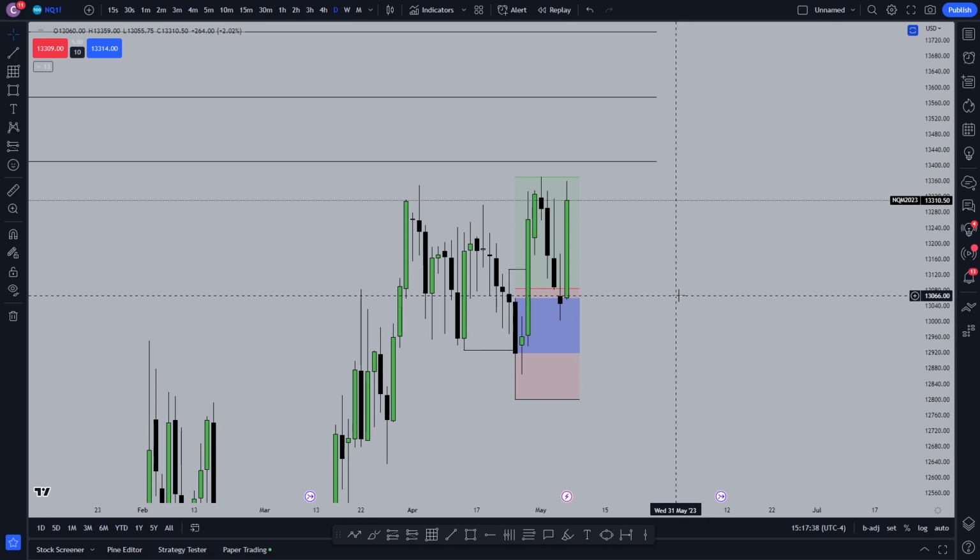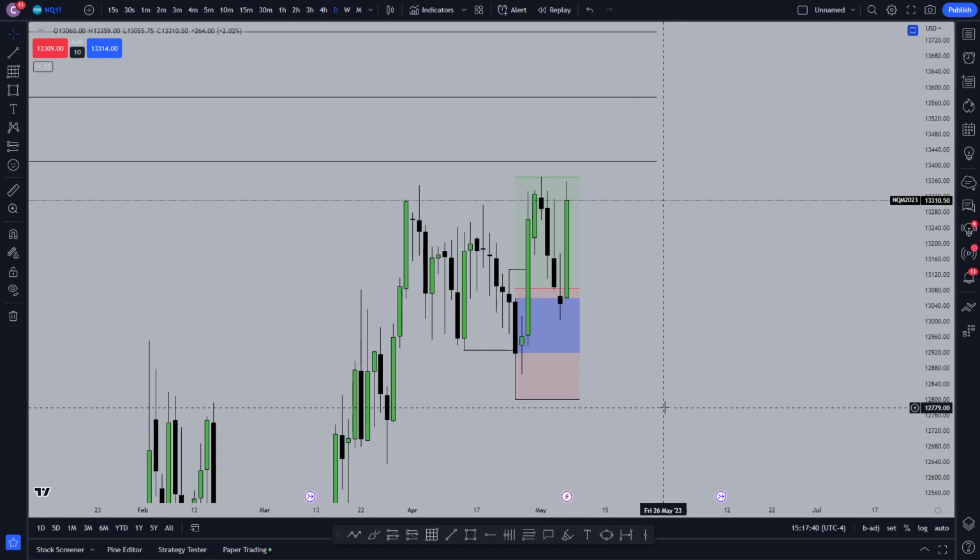Once price is within that, we wait around 15 to 30 minutes, and then we can trade for our high probability entry. The directional price swings must be within the kill zones. Now the key thing in all of this is time.